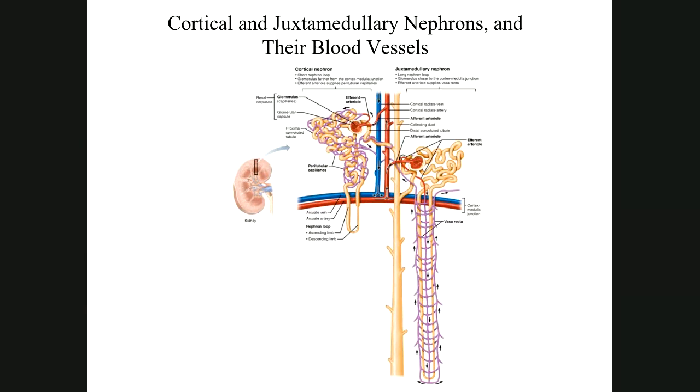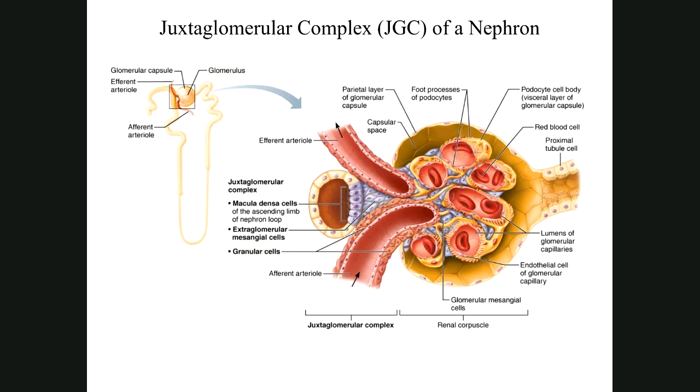I'm showing you this picture. You see how the efferent arterioles are very narrow and this is very large. So a lot of fluid is coming into the glomerulus. The pressure in the glomerulus is very high because the efferent exit is so narrow, so small in diameter.